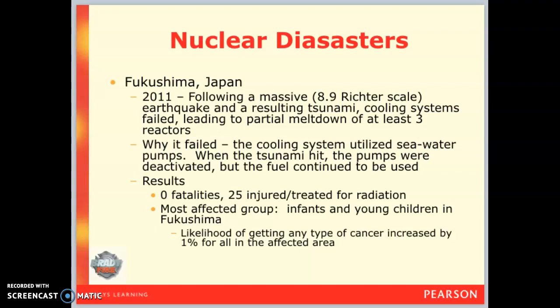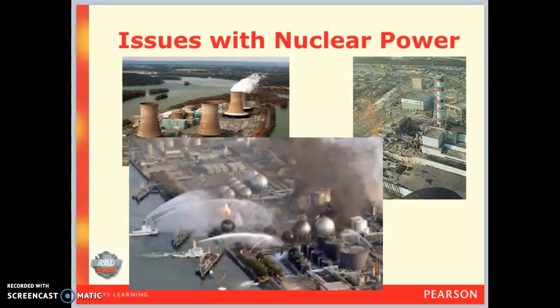So the reactions inside the nuclear reactor continued, but they didn't have any fresh water to come in to cool down the system. And so as a result, nobody died, but there were many people, 25, that were treated for radiation, and the infants and young children were the most affected group, as each of their risks for cancer increased by at least 1%.